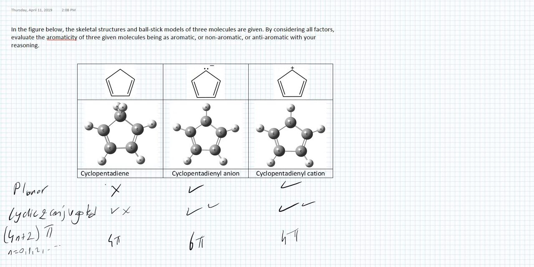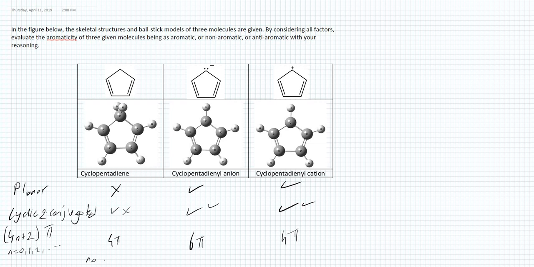The first molecule is non-aromatic because it's not planar, it's not fully conjugated, and also it doesn't have 6 pi electrons, or it doesn't follow the 4n plus 2 pi rule. For that reason, the first molecule is non-aromatic.